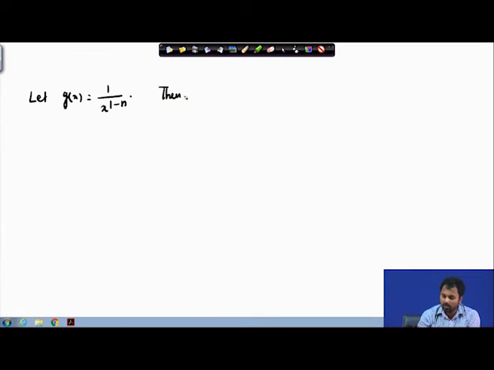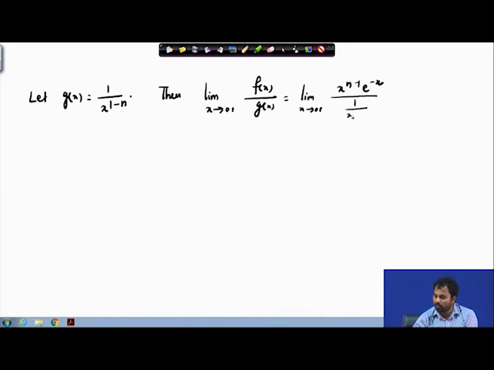Then what will be the limit of the quotient of these two functions, at 0 where we have the infinite discontinuity? I can write f(x) by g(x), the limit as x goes to 0 positive, where f(x) is x to the power n minus 1 e to the power minus x times x to the power 1 minus n. So, this will be e to the power minus 0, which leads to 1, which is obviously non-zero.